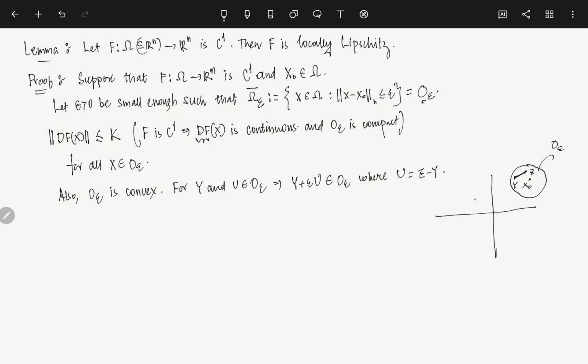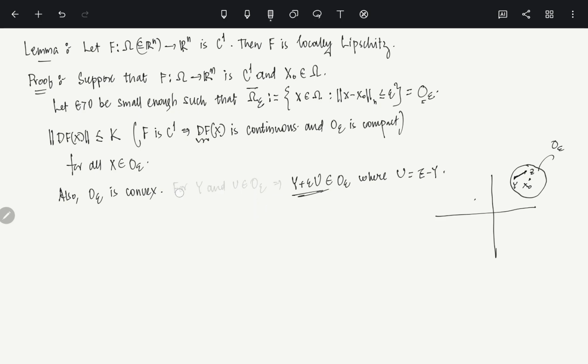Now you see the straight line which is given by y plus epsilon u should also be in O epsilon, and what is u here? U is nothing but z minus y. I did a small mistake here, u is not in O epsilon.